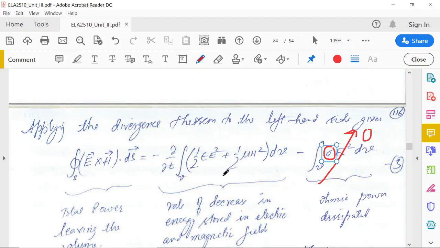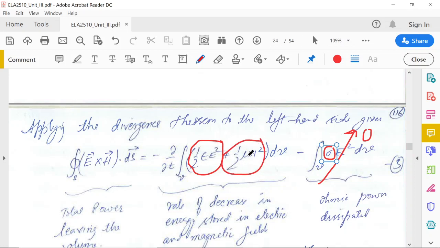Now we know that if you have an electric field and a magnetic field in a certain volume, then half epsilon E square will give you the energy density associated with the electric field, whereas half mu H square will give you the energy density associated with the magnetic field.